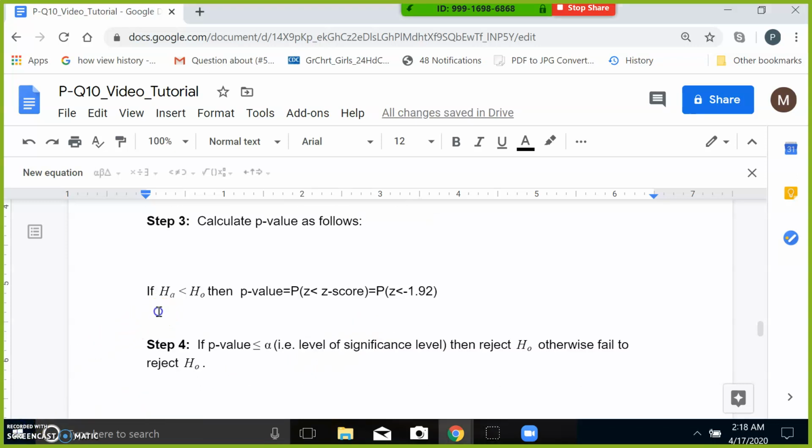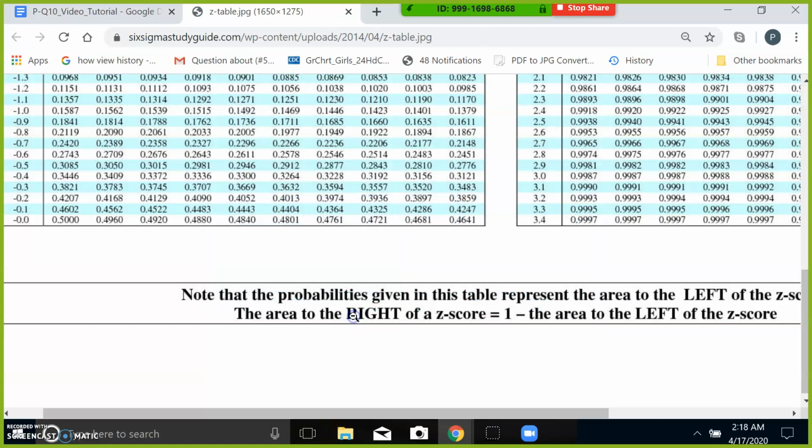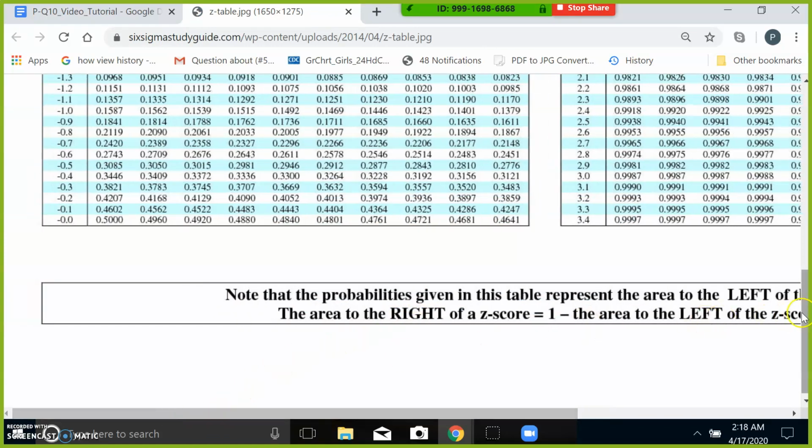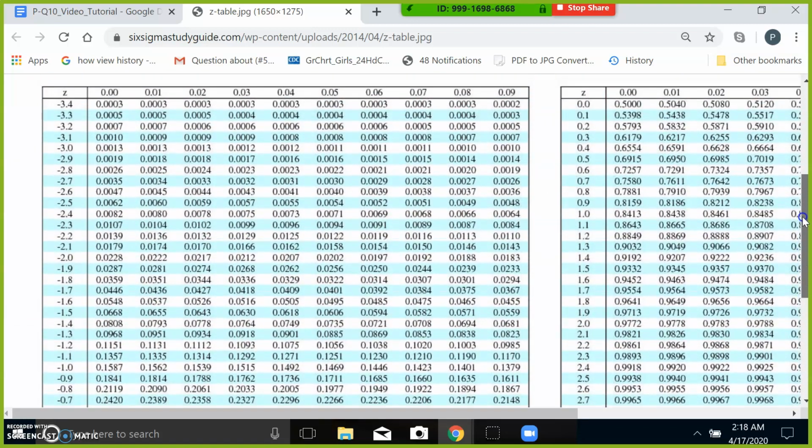Okay, so now we have to look at our z-table. We need to look at negative 1.92 on our z-table. So 1.9's here. Oh, there it is.